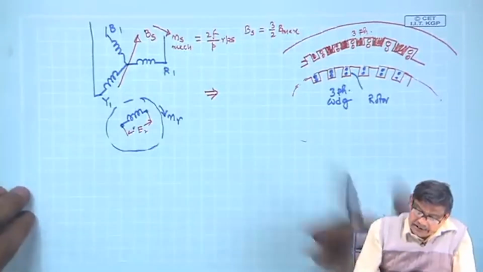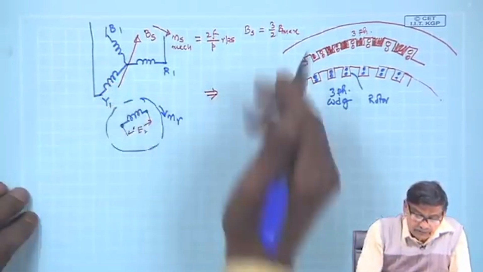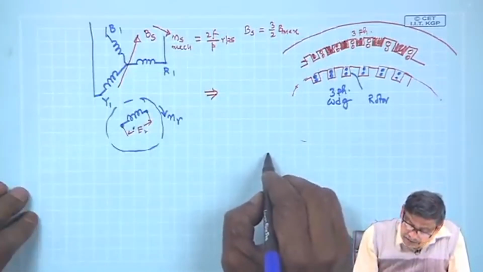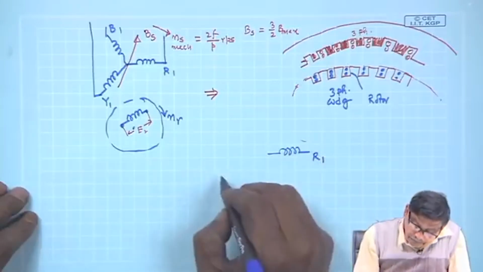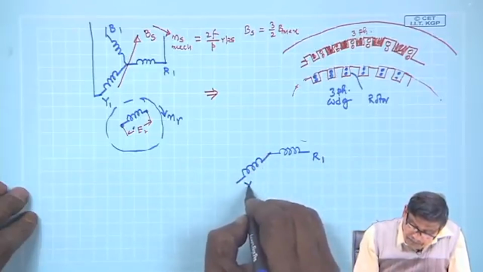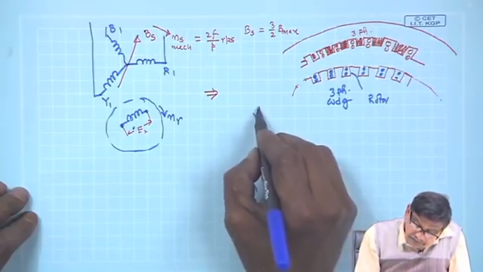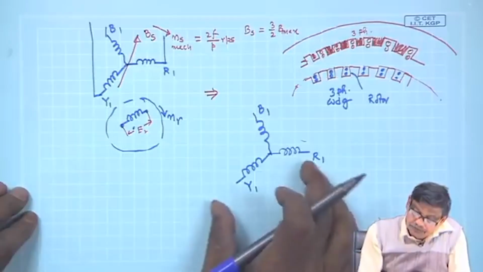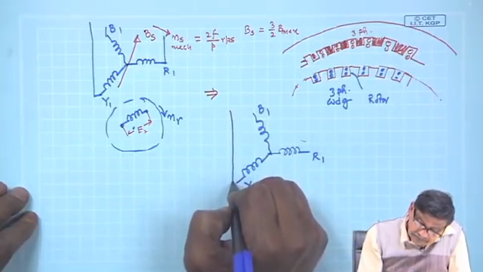And such a scenario can be simplified in its representation in this way. I will draw it like this. Okay, this is my stator R1, Y1 and B1. Suppose rotor, this is stator, stator coil.